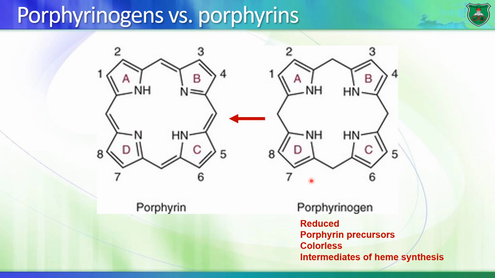Okay, so these porphyrinogens are precursors of porphyrins, and porphyrinogens are colorless as well. But if they get oxidized, they develop a color, and the color is purple, and that's why they're known as porphyrins. Now, these porphyrinogens are intermediate molecules in the synthesis of heme.